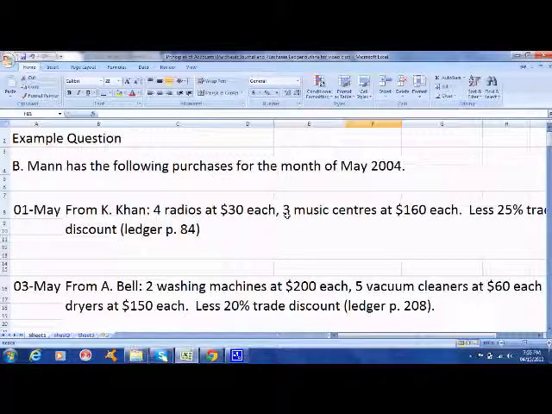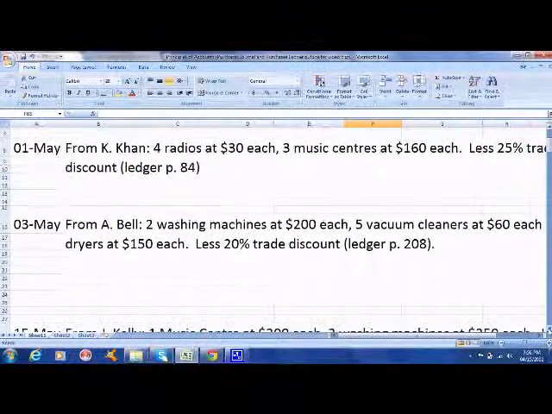You multiply 4 by 30, it'll give you 120. Then you multiply 3 times 160 to give you 480. Add the 480 plus the 120, that gives you a total of 600.